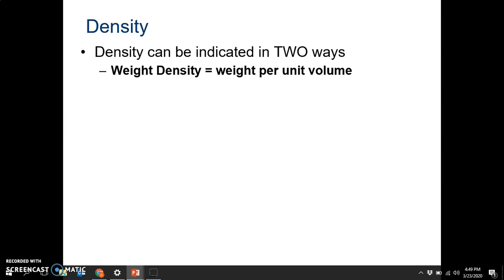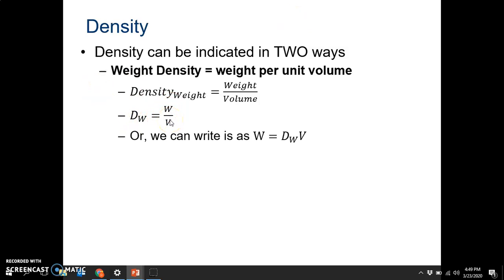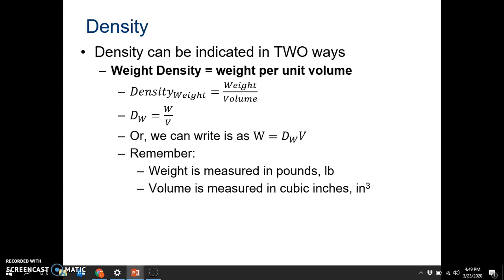The second way would be weight density, which is weight per unit volume. In this case, the density is equal to W over V. Again, you can algebraically rearrange it. Weight is going to be measured in pounds, volume in cubic inches, and therefore density is pounds per cubic inch.